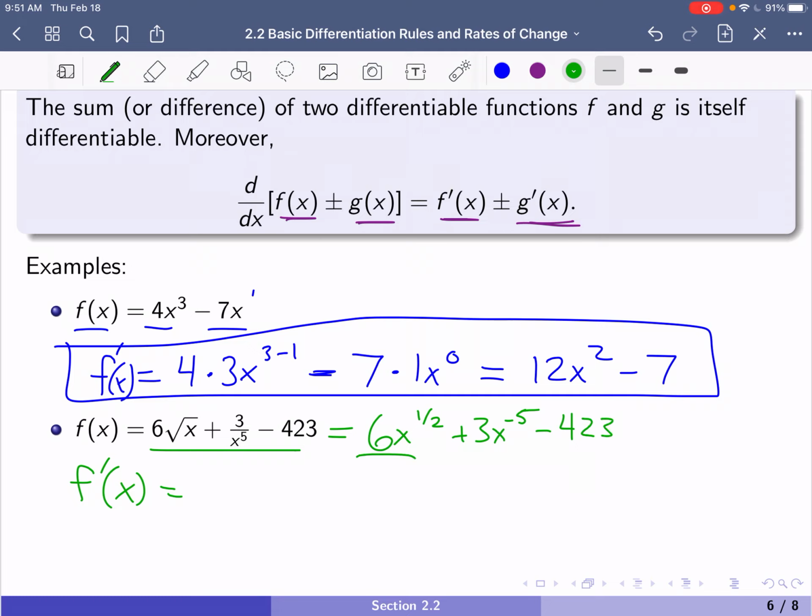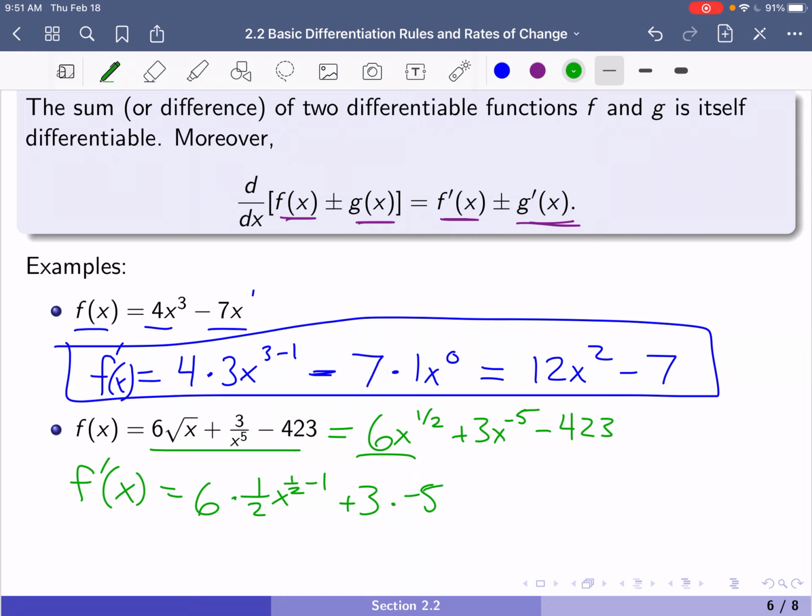So when we take the derivative of the first piece, we have 6. So the constant goes along for the ride when it's a constant times something else. And we have our power rule for x to the 1/2, so we bring the power down. And then we subtract 1 from the power. Then we add to it the derivative of the next piece. So there we have the 3 goes along for the ride.